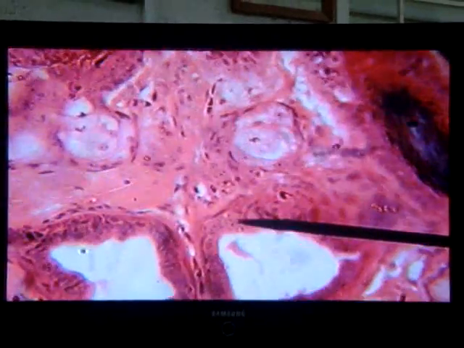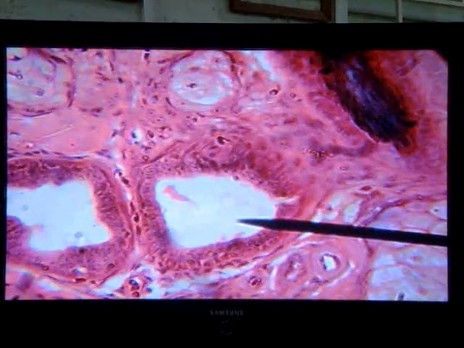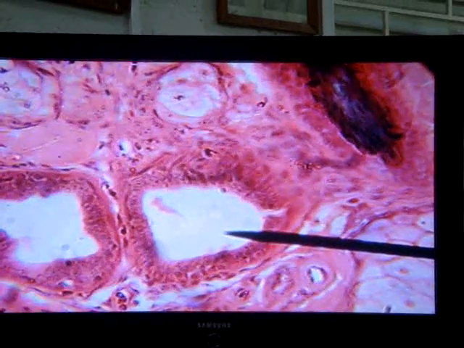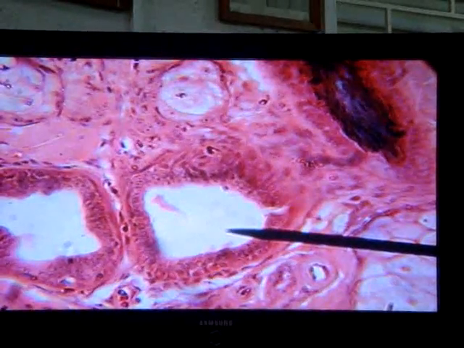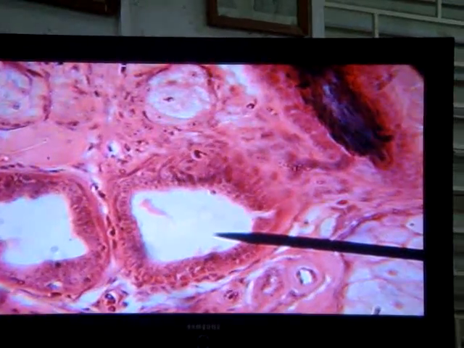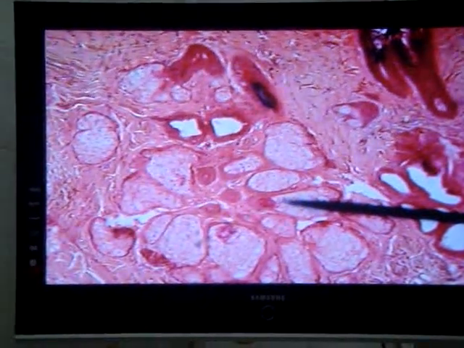Then next door now, we are seeing some luminal glands. These ones now are the sweat glands. And an important thing to tell you is that the sweat glands are not always merocrine. Some of them are apocrine.